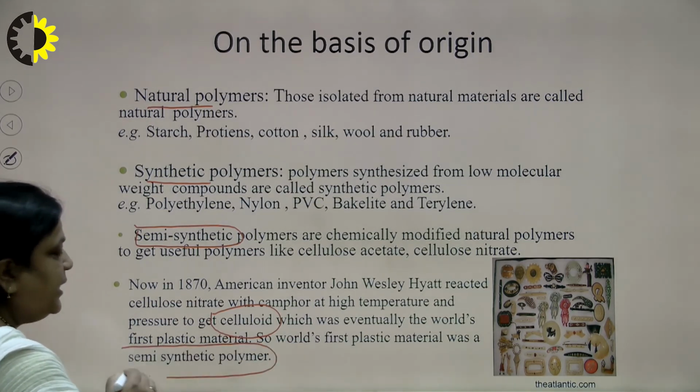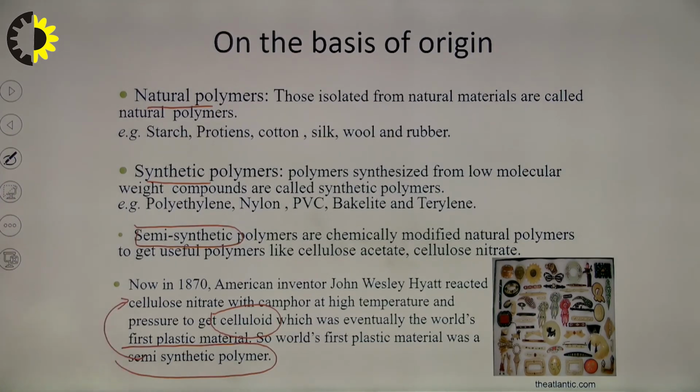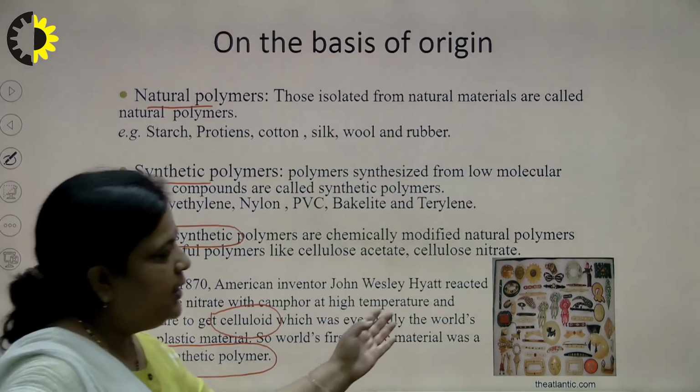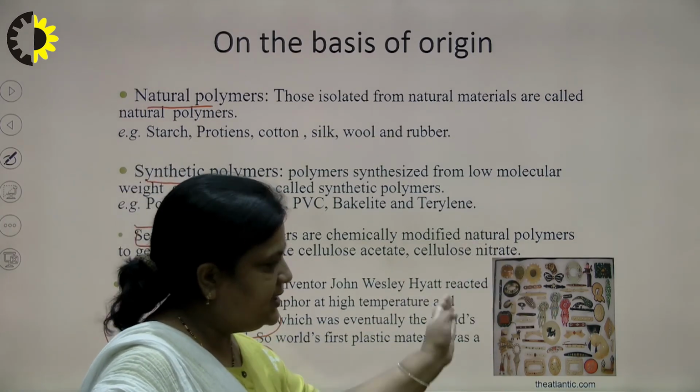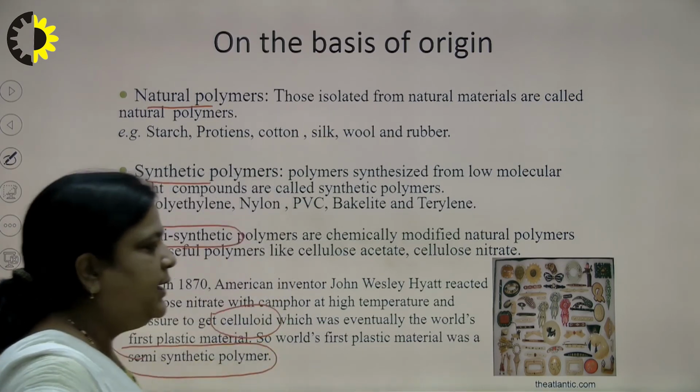Semi synthetic material, because it is prepared by chemical modification of natural polymer, which is cellulose. So, there are a few first synthetic, semi synthetic polymers, which I took on this slide.